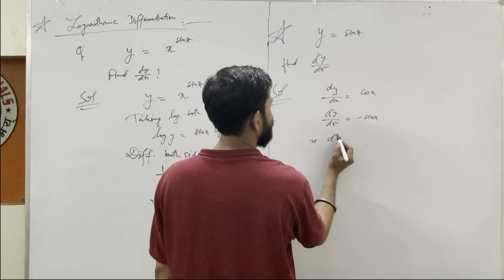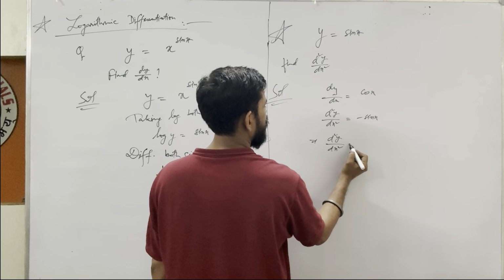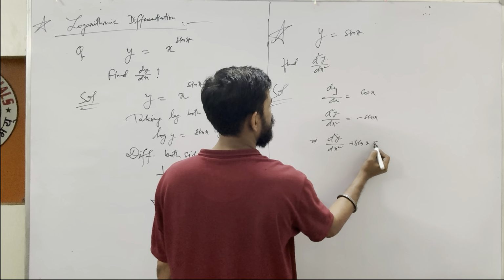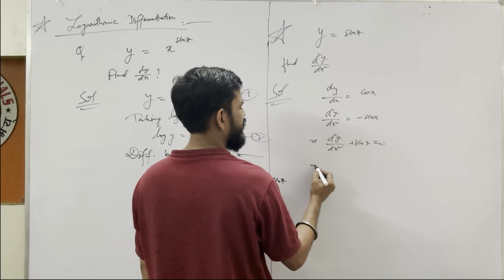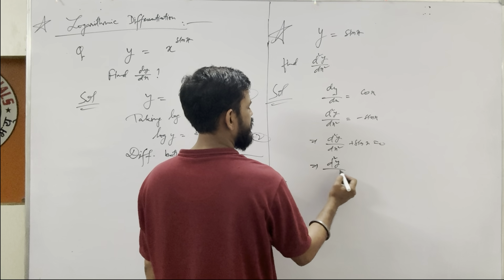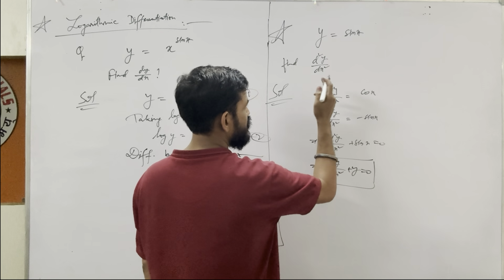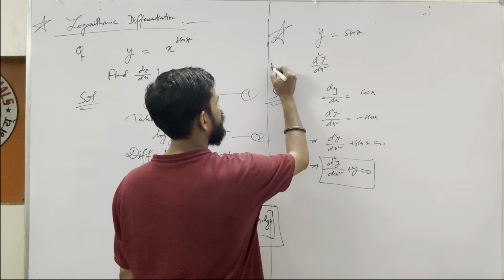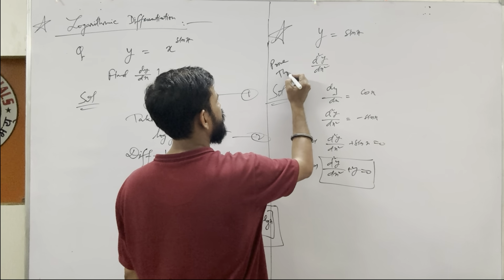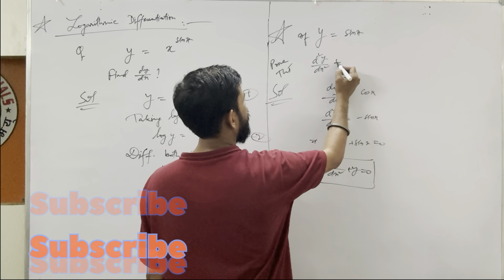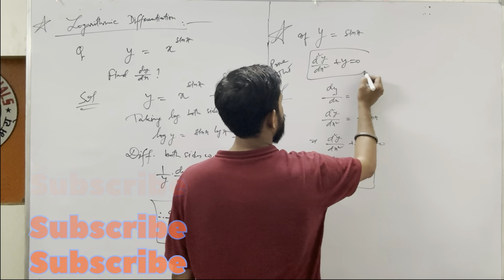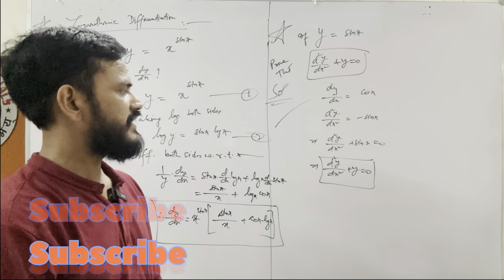So we get d²y/dx² = minus sin x, so d²y/dx² plus sin x equal to 0, and you see sin x equal to y, so you get d²y/dx² plus y equal to 0. So in a question you may be asked to prove that if y is this, prove that this is equal to 0. So that's how one does that.